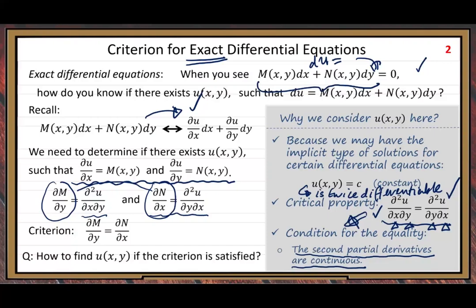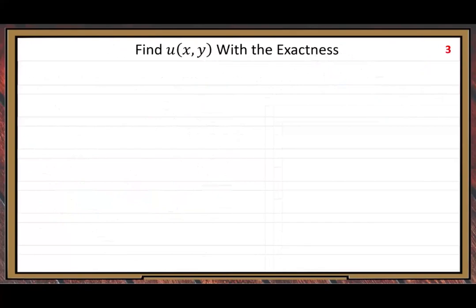So our next step: we assume both the m function and the n function satisfy the criteria. How do we find such a u function? After we find the u function, we get a solution of the ODE. So the last step is to find u with exactness.